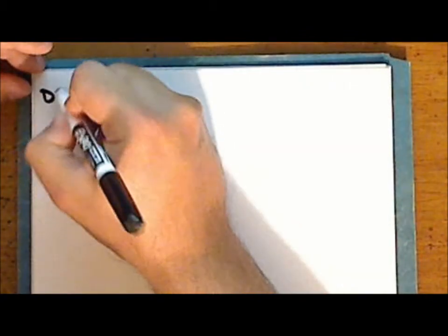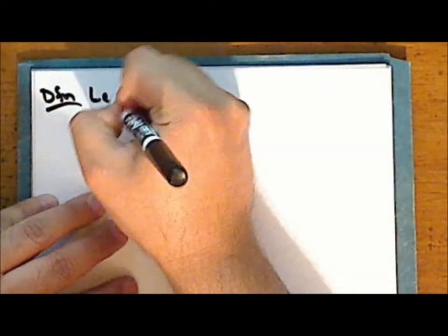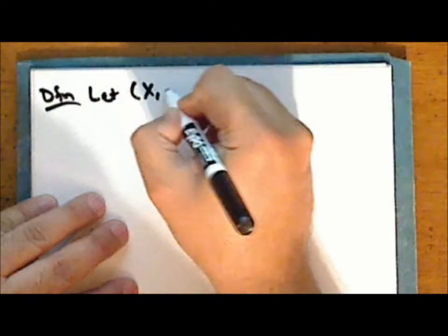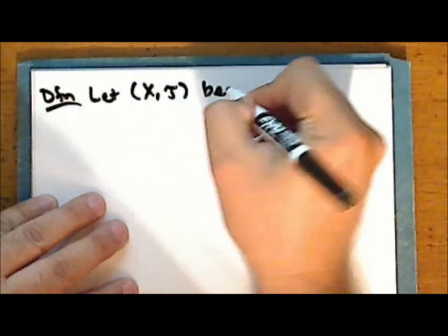Okay, so now we're ready for a new definition. Let the set X together with some topology tau be a topological space.